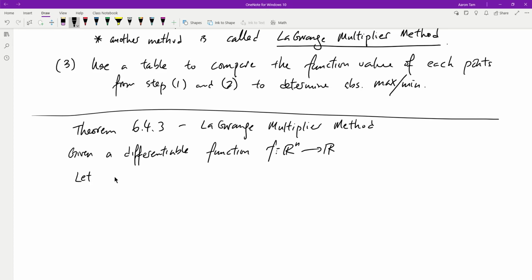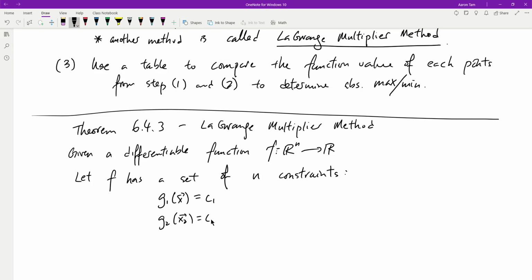Let's say f has a set of n constraints. The constraints basically mean that these are things that restrict the domain of the function. And these constraints are given by a set of functions g, which I'm going to call g sub 1, g sub 2, all the way to g sub n.